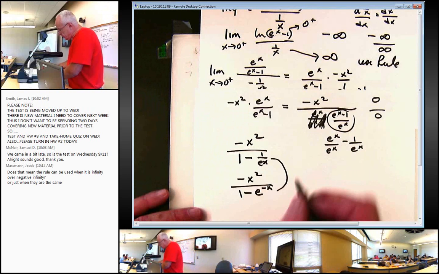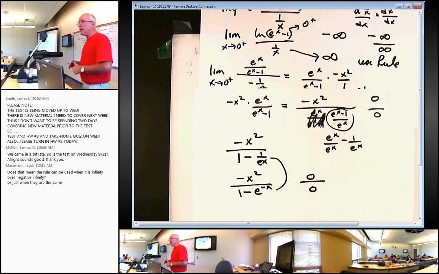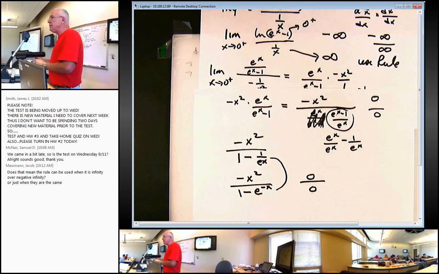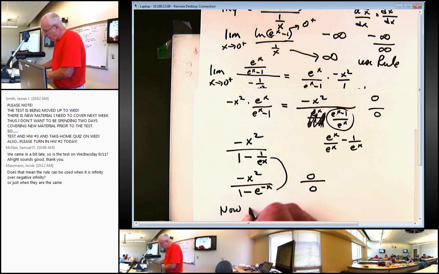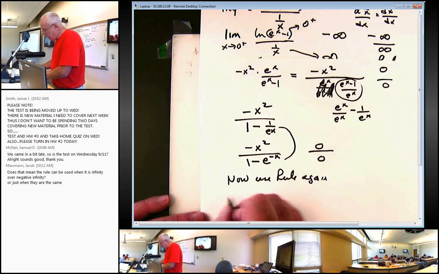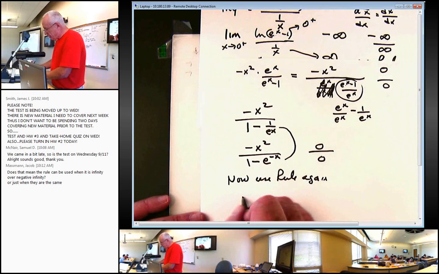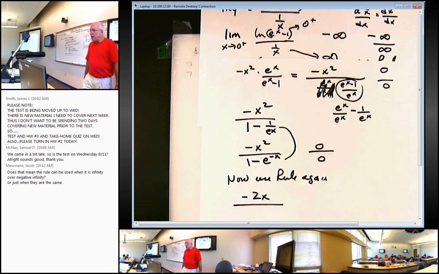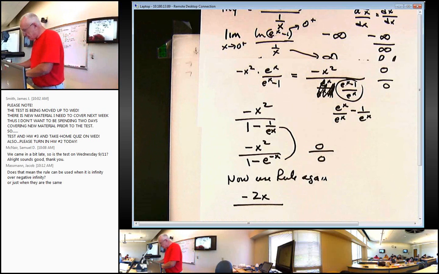Again, this is still a 0 over 0 case. But now we have easy derivatives to do. Now use the rule again. For the derivative on top, I get minus 2x, easy derivative. This is the limit as x goes to 0.